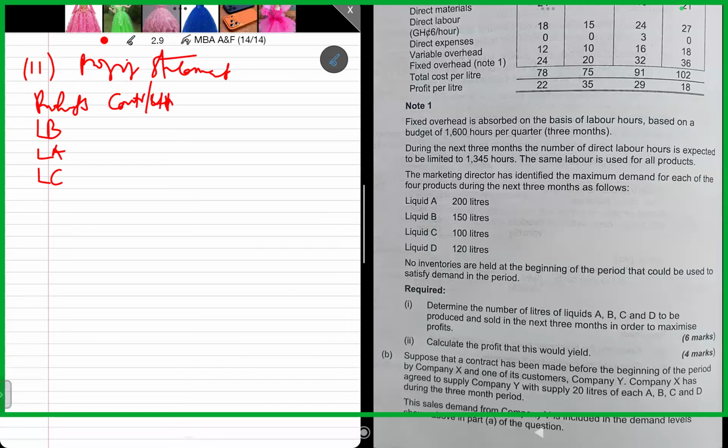Now, we are going to find out their contribution per unit. Contribution per unit for liquid B. Let's go back to the second step. What's the contribution per unit for liquid B? That's 55.